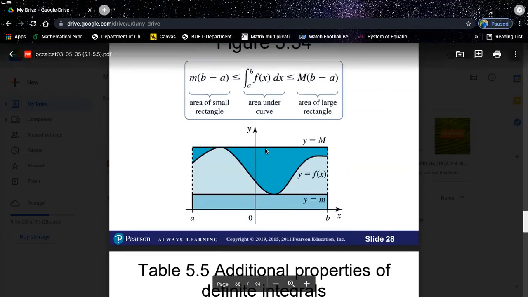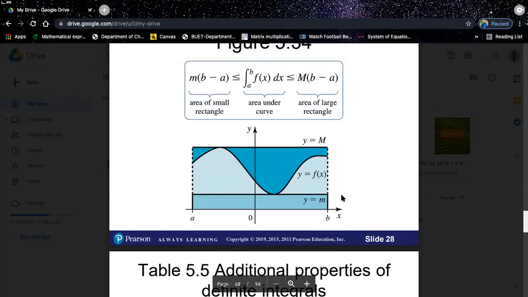But it is an area, because this m is a length, it's the height precisely, and this b minus a is another length. So if you consider this smallish rectangle, m times b minus a is the area of this smallish rectangle.